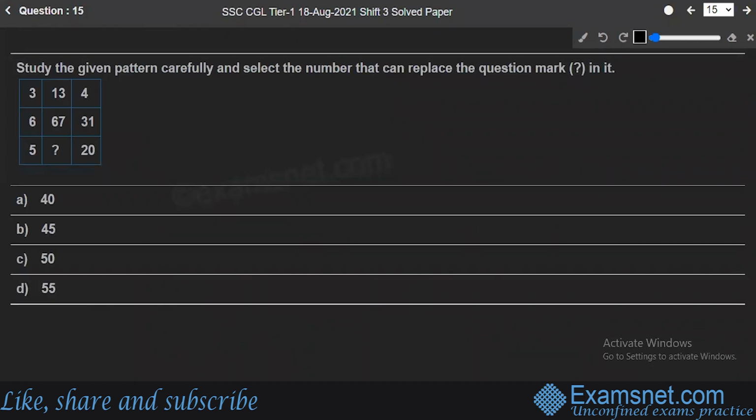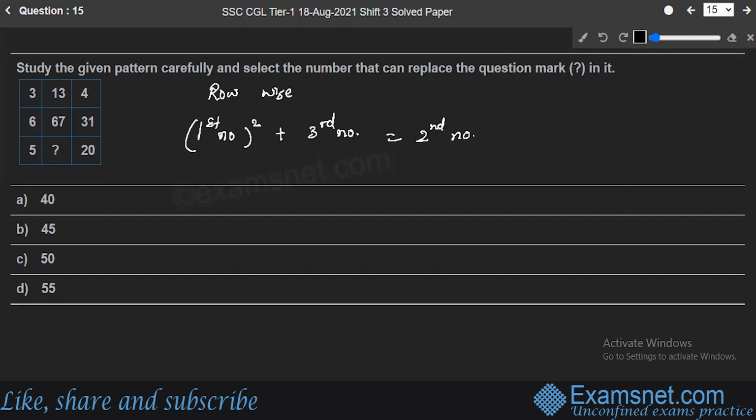Question number 15, you have to study the pattern carefully and select the number that can replace the question mark. You have to find out what will come at the place of question mark. Okay. So see, when you study, you will find there is a pattern row wise. What is that pattern? It is first number square plus third number gives you second number.